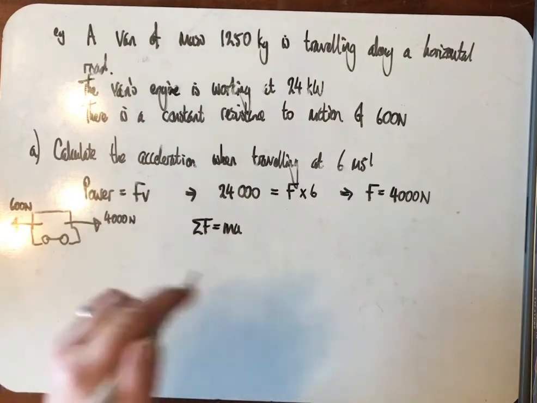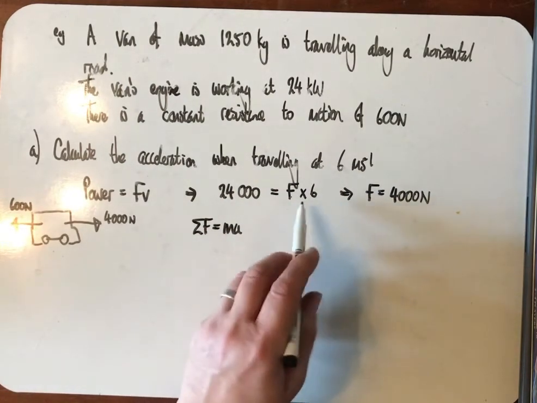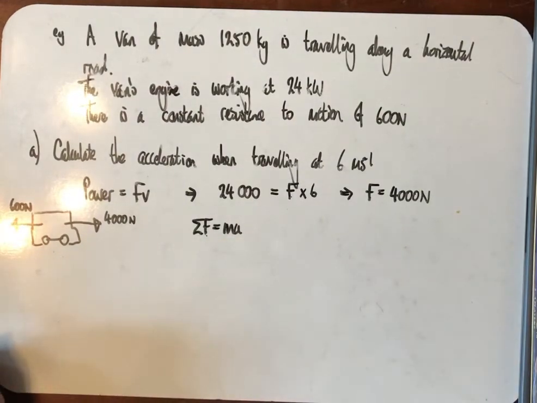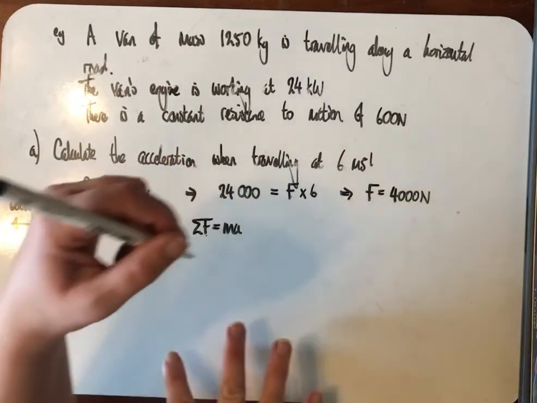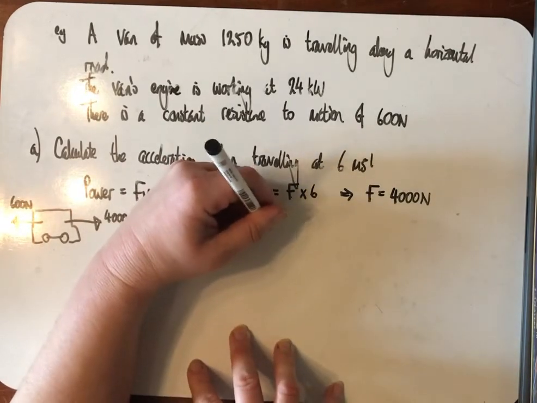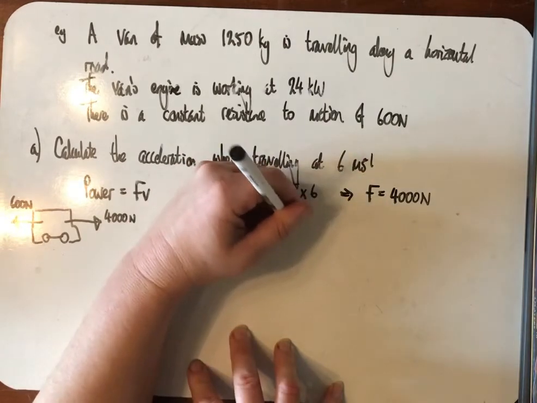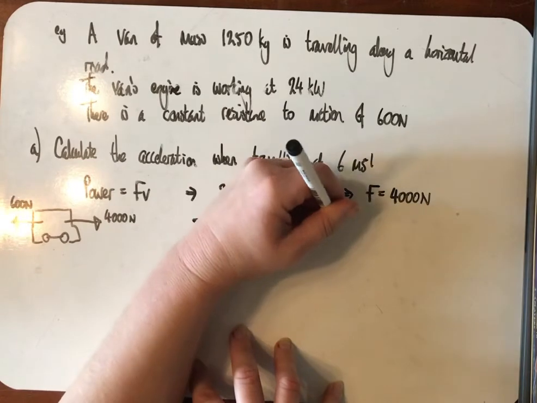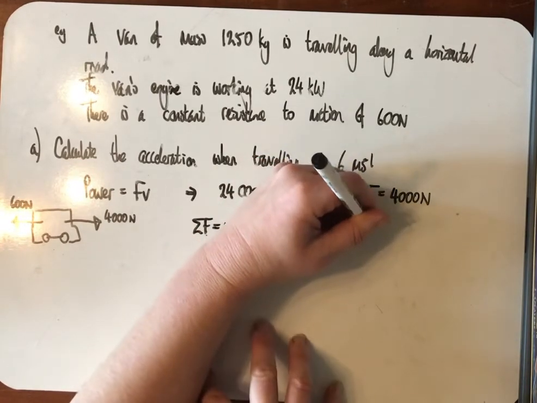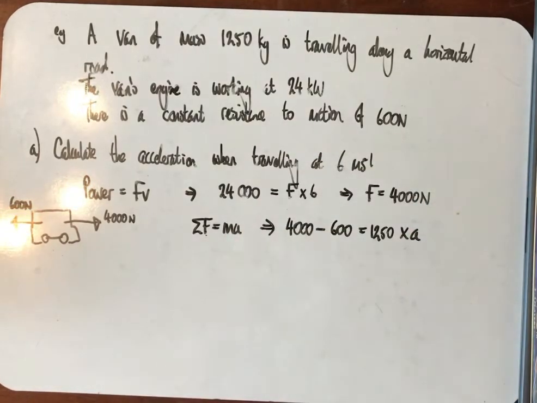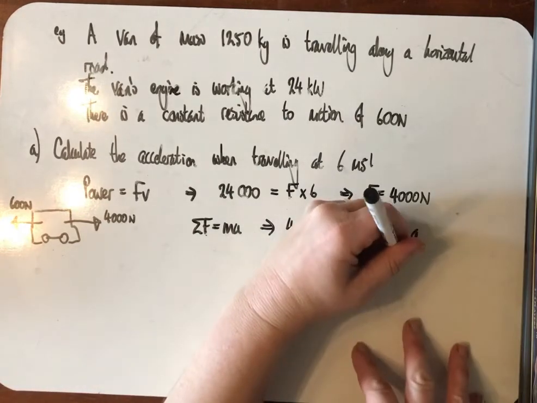I'd almost be tempted to put a different letter in there, like capital D for driving force, because it just gets so confusing. So anyway, 4,000 with direction of motion minus 600 is equal to the mass times the acceleration. And that gives the acceleration as being 2.72 meters per second squared.